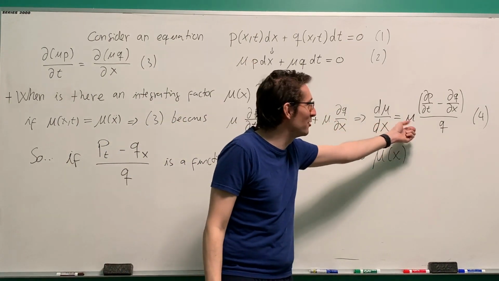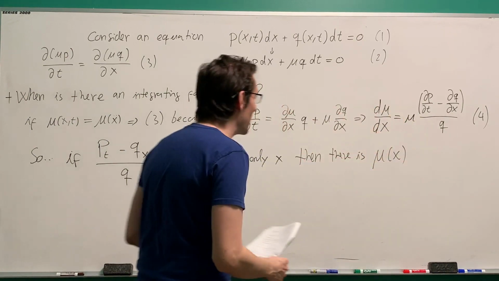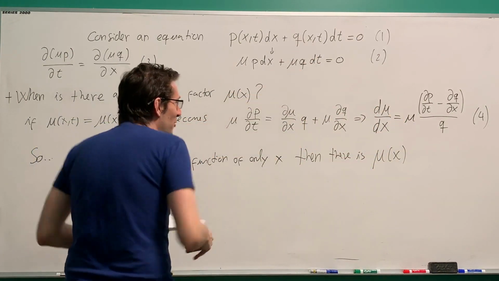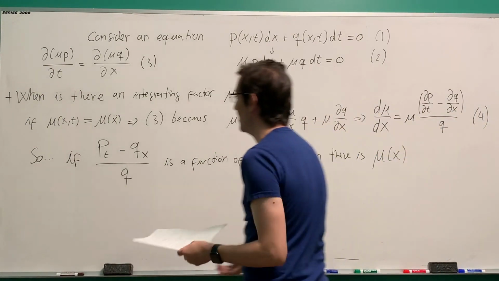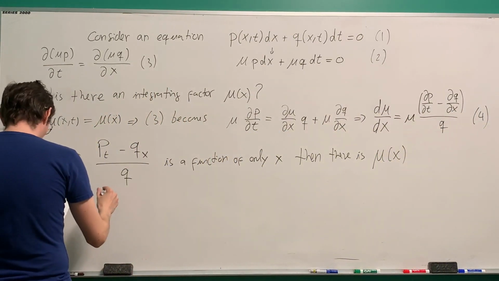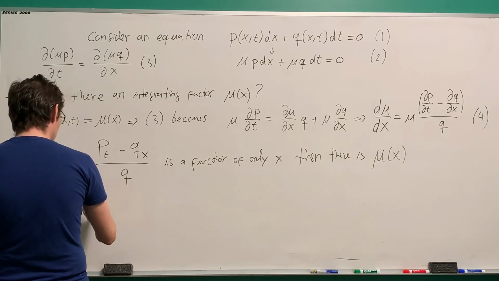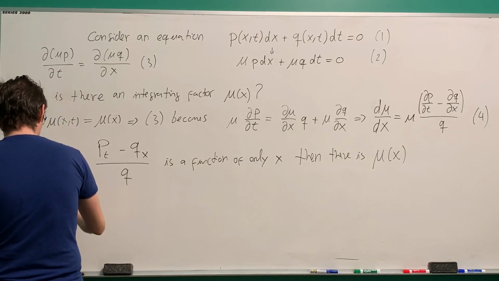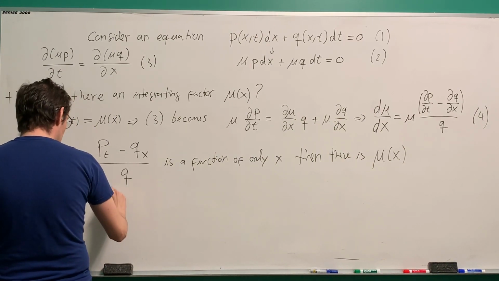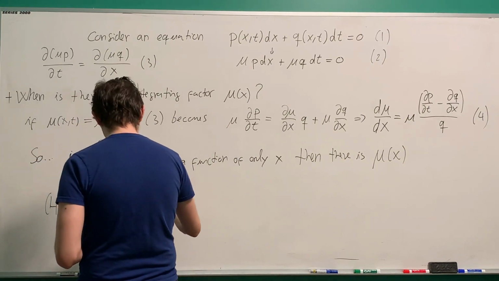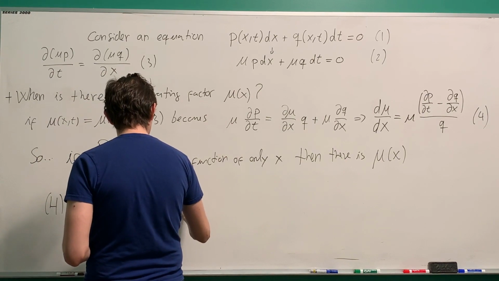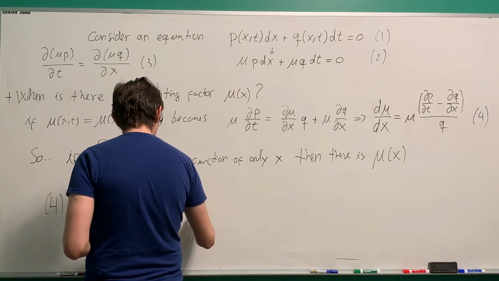It's separable. I can put the mu's on the left and the functions of x on the right. Of course, this is true if this thing is only a function of x, right? So if that's the case, let's do it. Equation 4, I can write as d mu divided by mu equals p_t minus q_x divided by q dx.